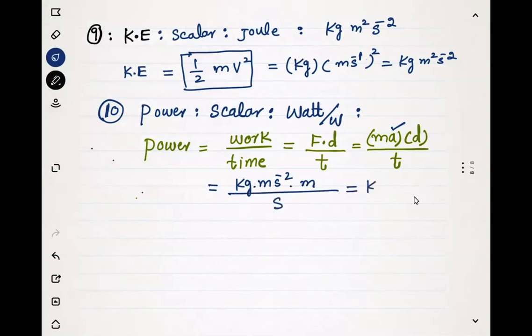Finally, it would become kilogram meter power 1 plus 1, second power minus 2, second power minus 1. So finally, it is kilogram meter square second power minus 3. So this is for power.